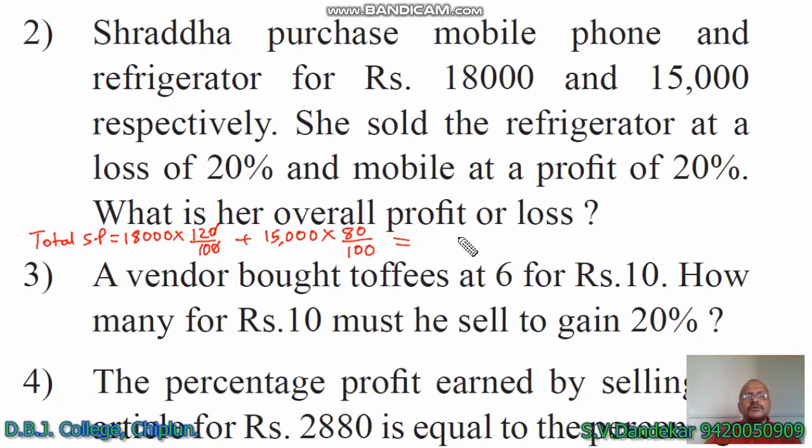Suppose it is equal to say x, then compare this x with 18,000 plus 15,000 and you will know whether there is profit or loss, and you can find its percentage, but it is not asked, it is only asked what is the overall profit or loss. So overall profit or loss can be found out by subtracting the smaller one from the larger one among 18,000 plus 15,000 and x.